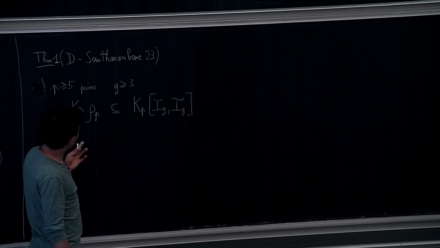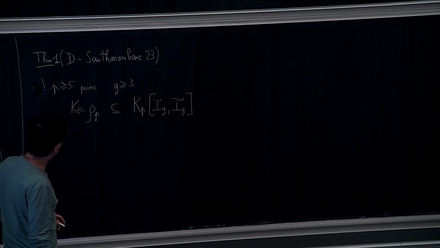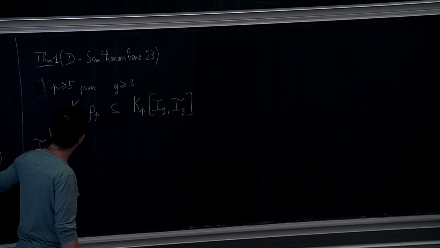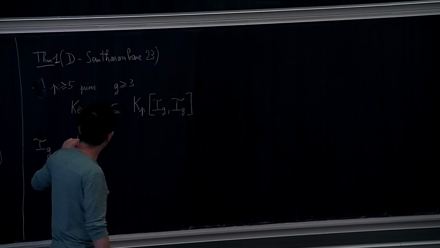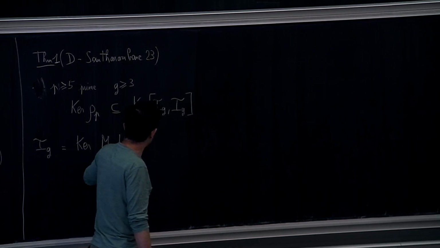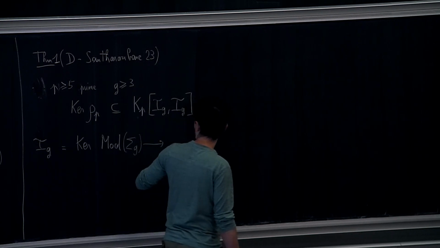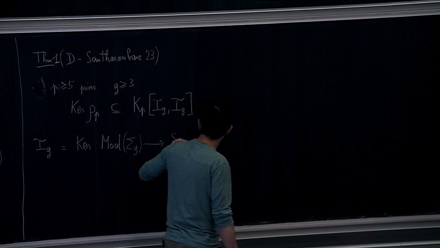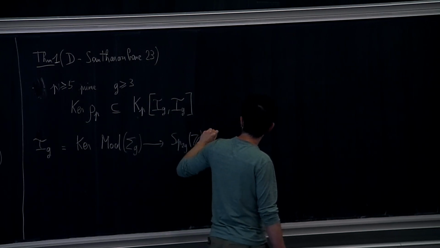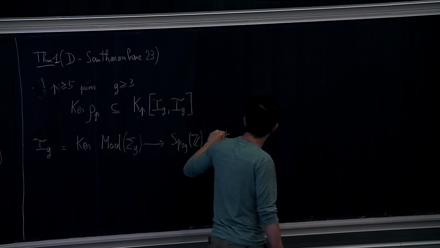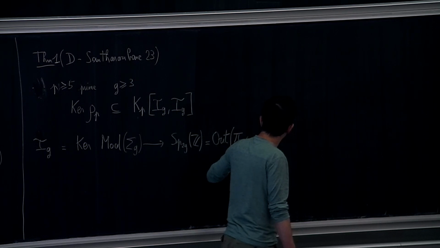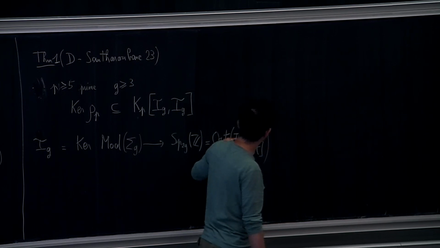And I want to state a second theorem, which is a bit finer. So here, the Torelli group, we defined it as the kernel of the map from the mapping class group of sigma to Sp(2g, Z), which we could also think of as the outer automorphisms of the abelianization of pi_1 of the surface.